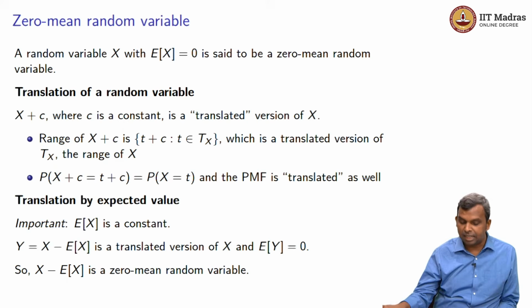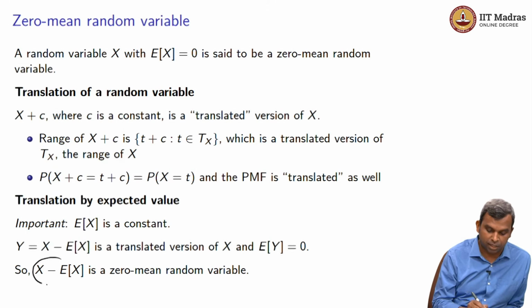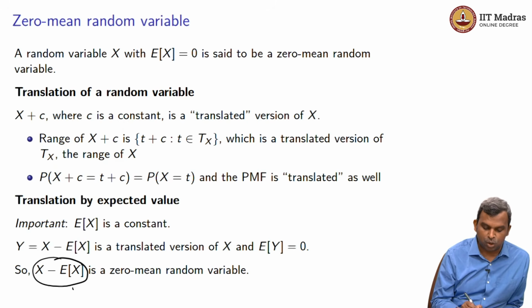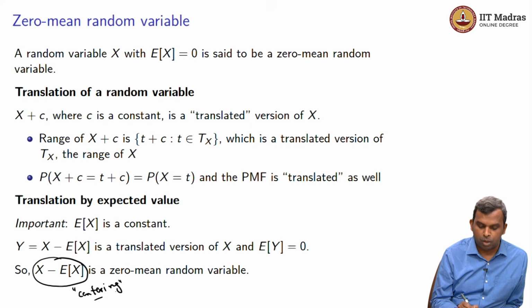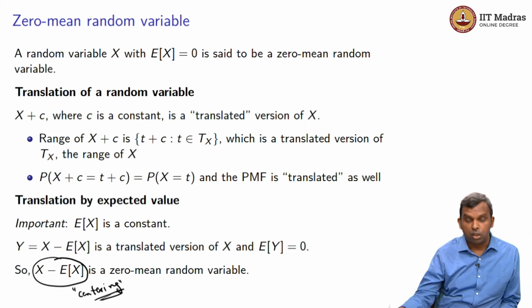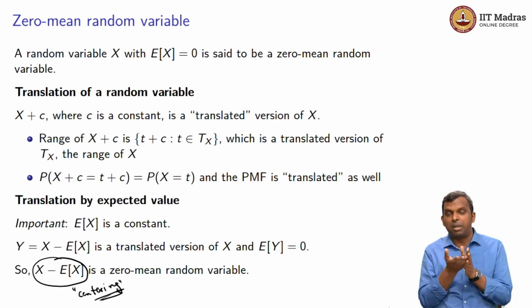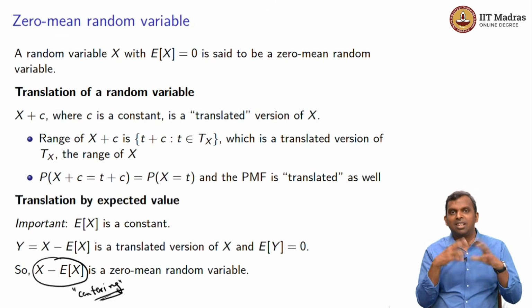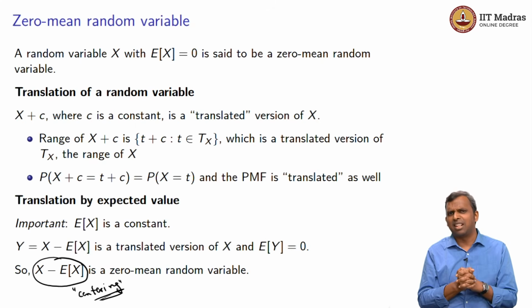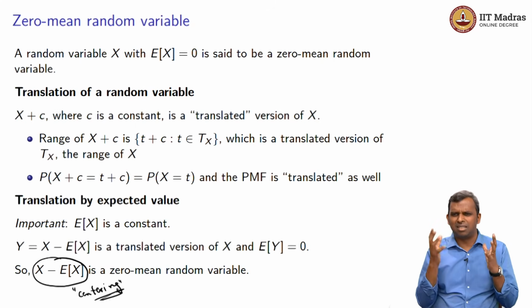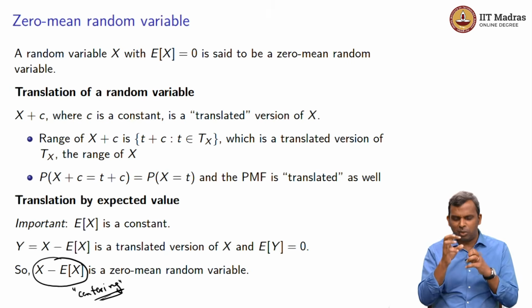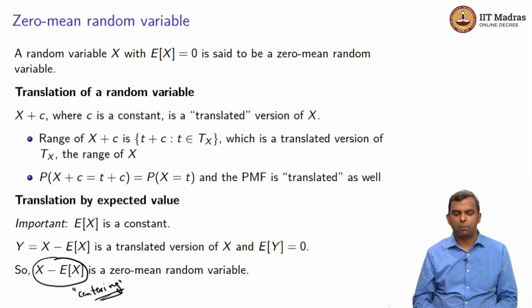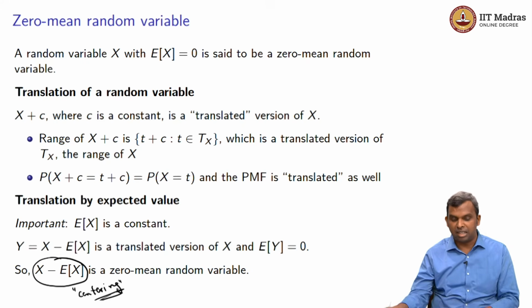So this kind of translation, x minus expected value of x, is a centering operation on the data or the random variable. When you are measuring any random phenomenon, you might want to subtract its average from it and only look at the variation around it. Otherwise you just get misled by how large it is, while really what is important is the variation. So obtaining zero mean by translation, and what happens to the expected value when you translate, is very important.